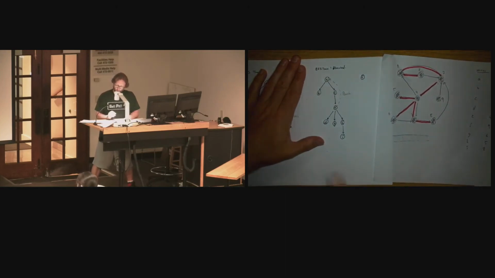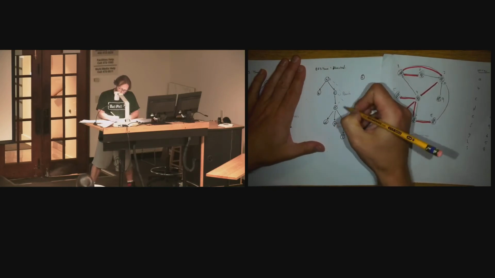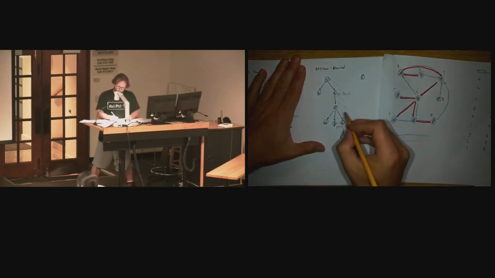Okay. What about going from G to H? G to H. What kind of an edge is that? Cross edge. And going to the last ones here, I to C. What kind of an edge is that? Also a back edge.